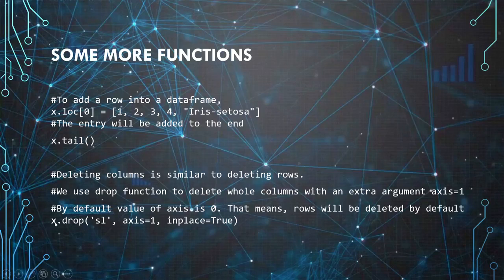So in x.drop, if we mention nothing as the axis, we saw in our last video that SL and inplace equals True will delete the row, but if we want to delete the column which has SL, then we will use the axis equals 1 argument, or by default the value of axis is 0, as we saw in our previous video.